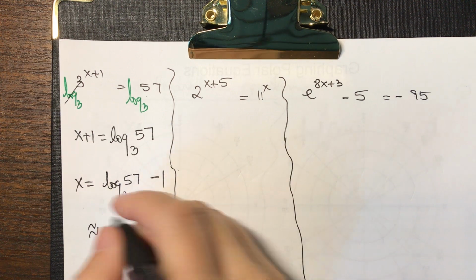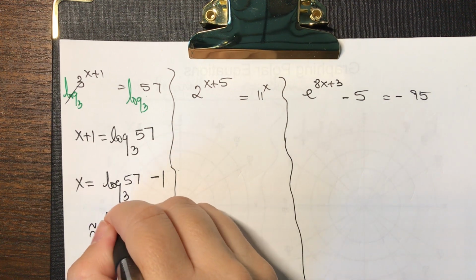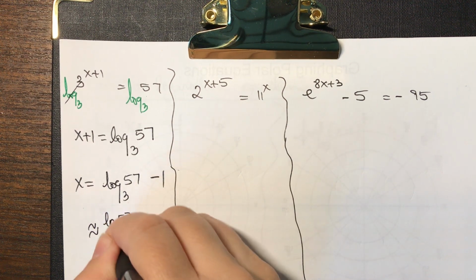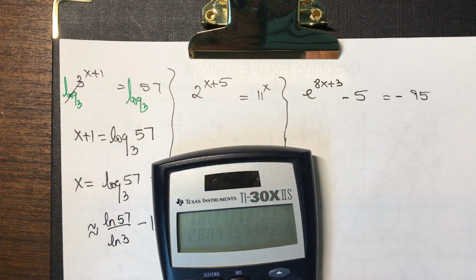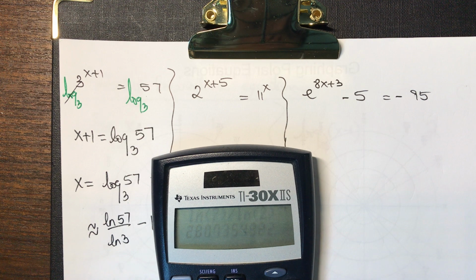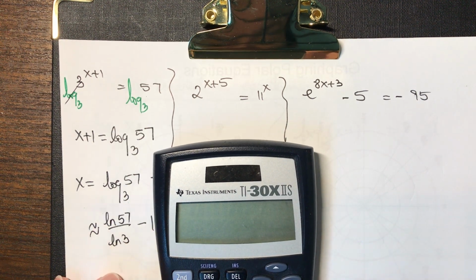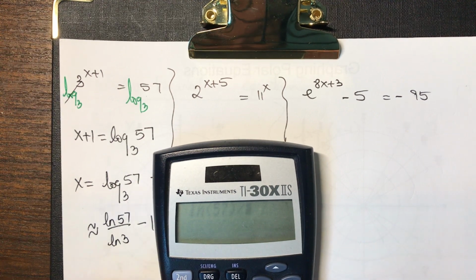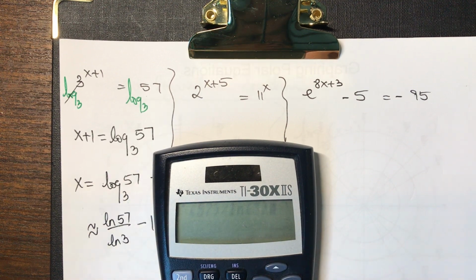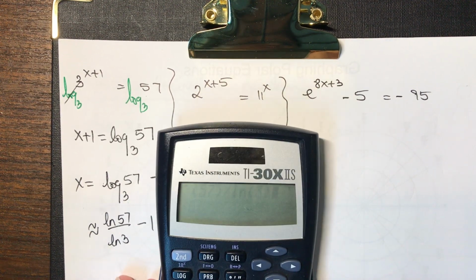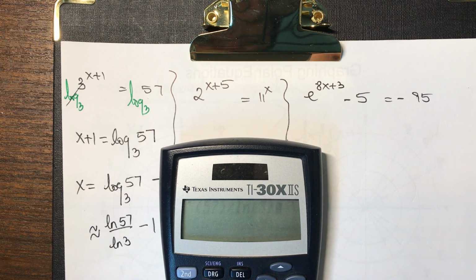The approximation for this is using the change of base formula to figure this answer out. So I figure I might as well, looks like you could see it. On my calculator, I'm going to simply put ln of 57 divided by ln of 3, and I'm just going to make sure that I'm getting the correct answer. In other words, don't put the minus 1. I can just simply press enter.